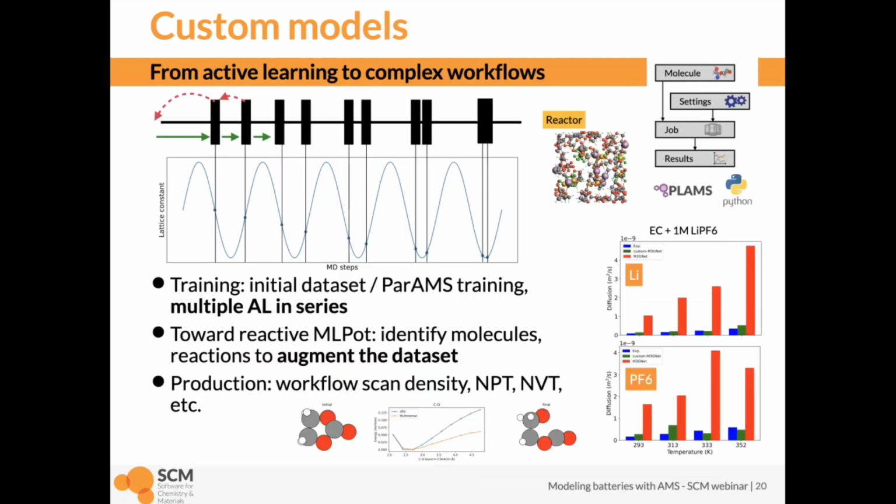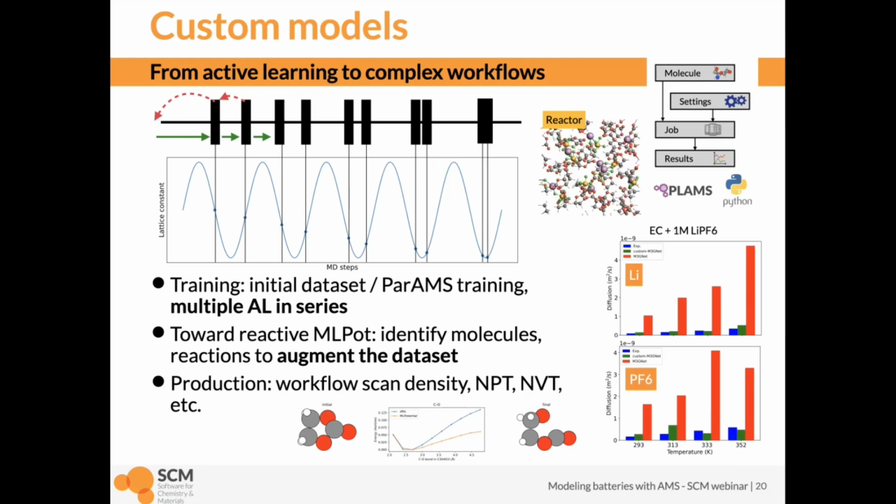Now, going back to the example of getting a proper force field for a liquid electrolyte for batteries. Here I used deformation during the active learning, and I defined the checkpoints such that they check the accuracy when the system has different volumes.